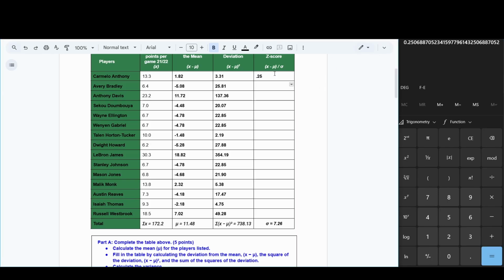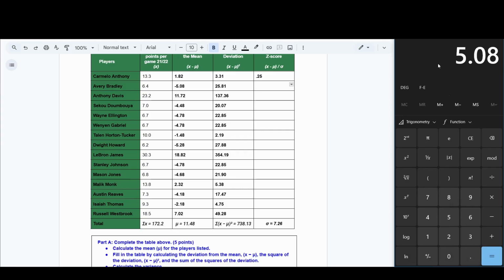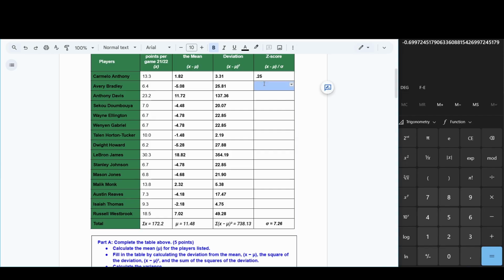We'll round to 2 decimal places. Next, I've got negative 5.08 divided by 7.26. And here I get negative, let's say negative 0.70, rounded to 2 decimal places.